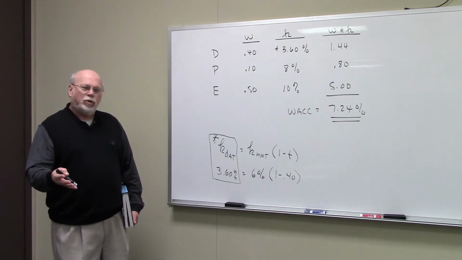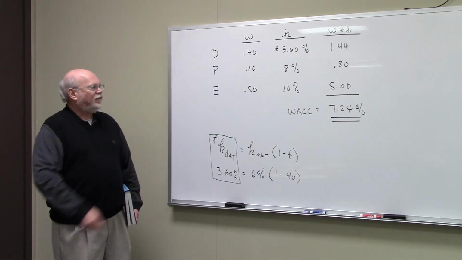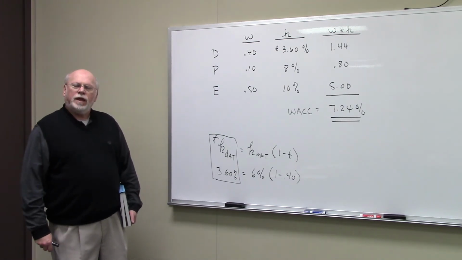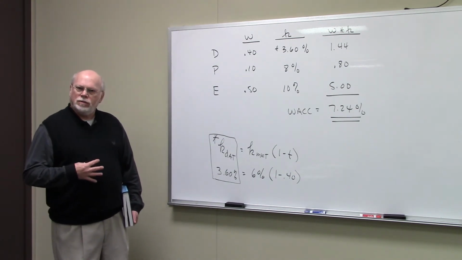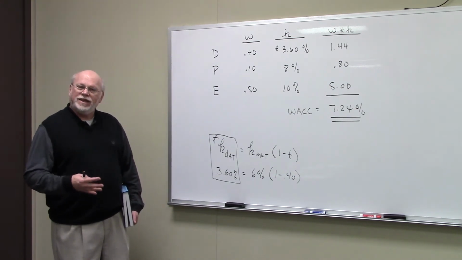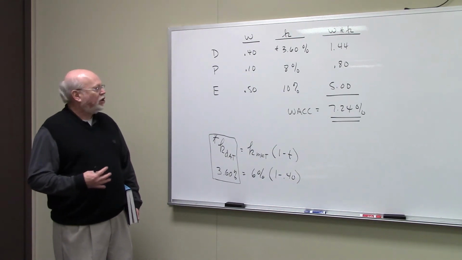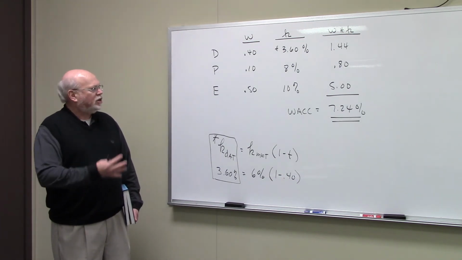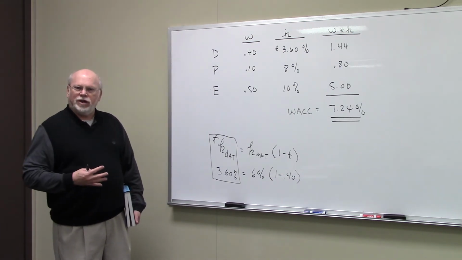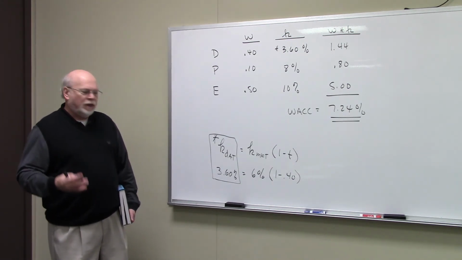They give us that in the problem. It's 40% debt, 10% preferred, and 50% equity. To get the weighted average cost of capital now, you're going to multiply those weights times each component cost of capital. Now they actually gave us the cost of capital for preferred as 8% and the cost of capital for the equity at 10%. What we don't know is the cost of debt after taxes.